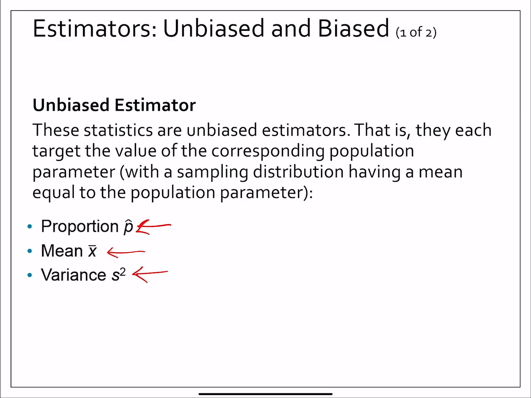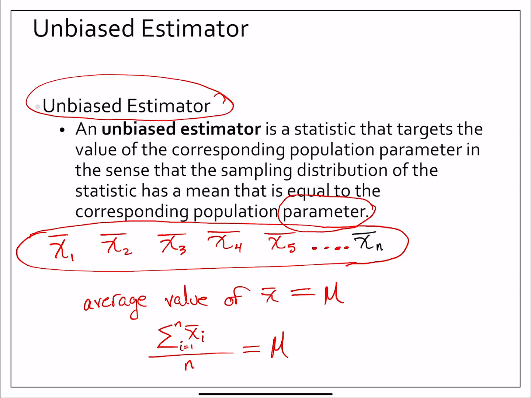And the variance. Basically, what we mean is that those things target our population parameter, right? That's what they do. They target our population parameter, meaning when we work with them and we find the average, just like we did in this case, where we find the average value of the statistic, where we can put in whatever statistic we want here, we get the population parameter.